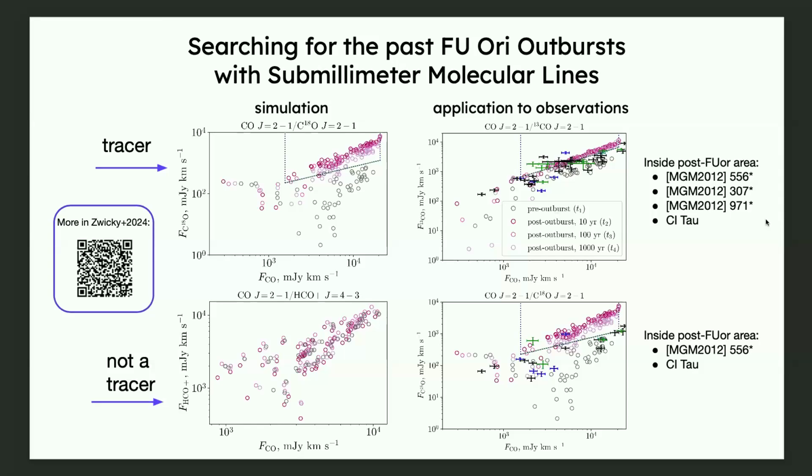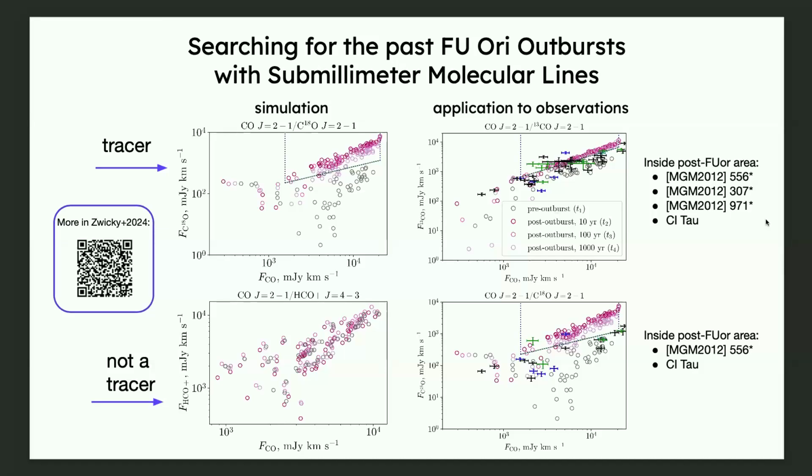For those line pairs that were deemed tracers, we formulated a criteria of what a disk needs to satisfy to be a post-outburst disk. Then we also analyzed the efficiency of these tracers, the longevity, explained the chemistry behind it, and lastly, we applied this to observations.